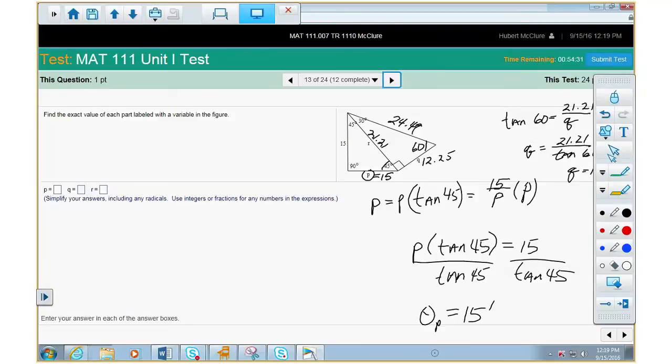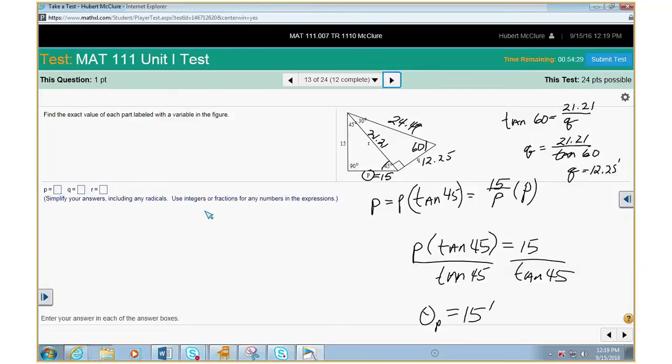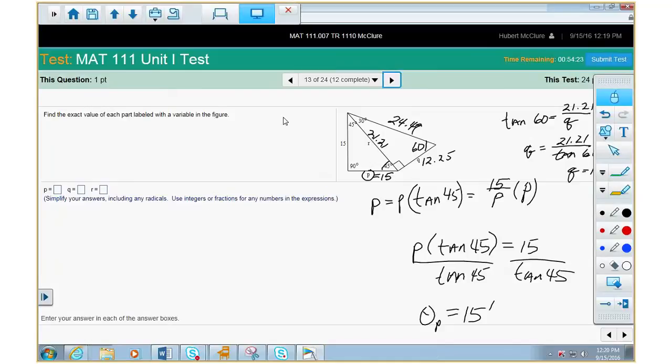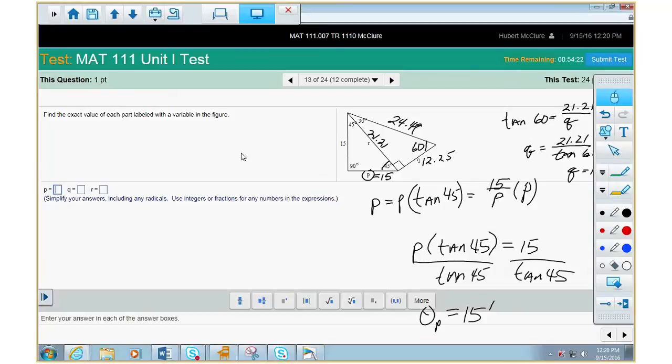So that's going to give me P is 15, and Q is 12.25, and R is 21.21.